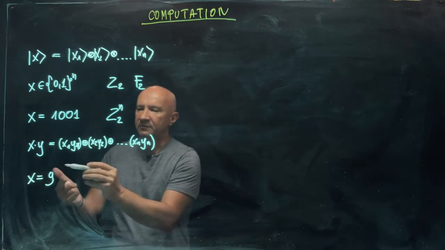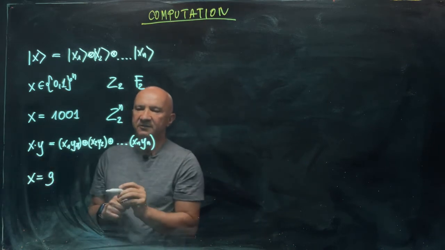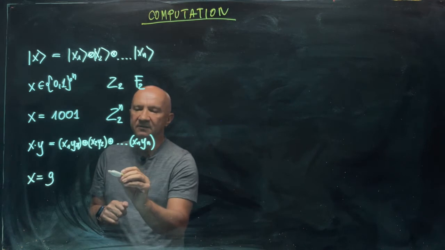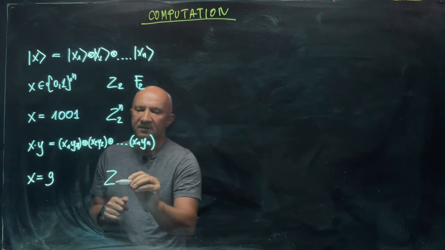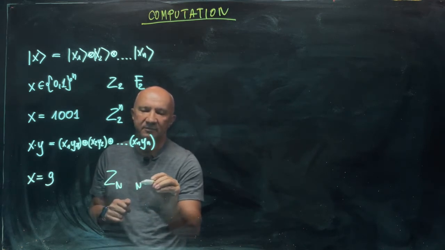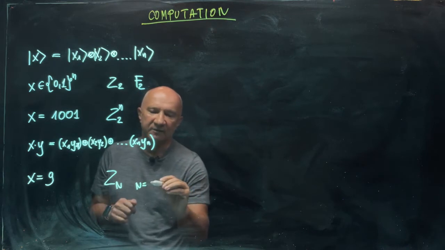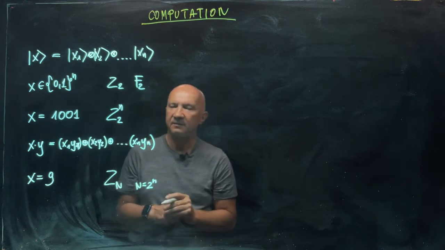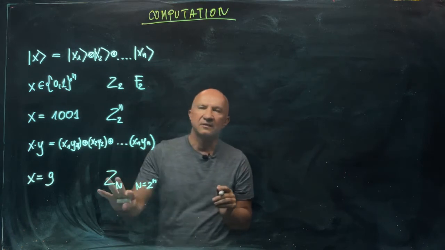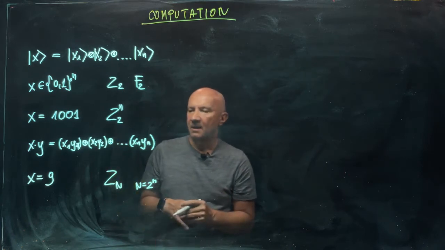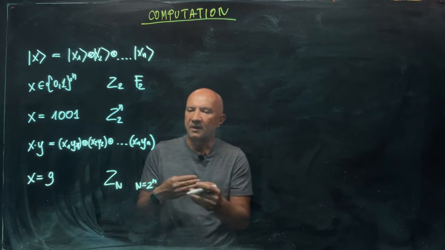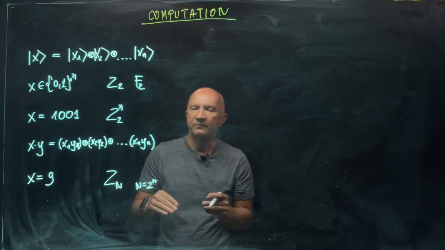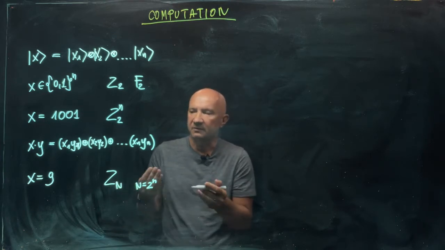For example, the underlying structure that you are interested in may be the group Zn, where, if you have n qubits, n would be 2 to the power of small n. That's a group of integers where you can do addition modulo n on them. So that's a group.